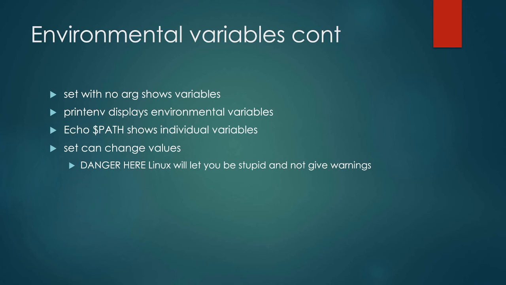There is danger. Linux will not give you a warning. There is no caution, are you sure you want to do this? Are you really sure you want to do this? Linux is just going to be like, yeah, that was dumb, but whatever, you know best, and let you do it. So if you're going to be using set, I would urge some caution with how you're using it so you don't accidentally reset any of your environmental variables.